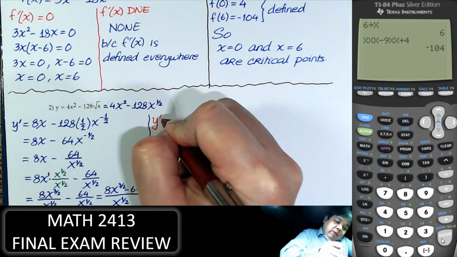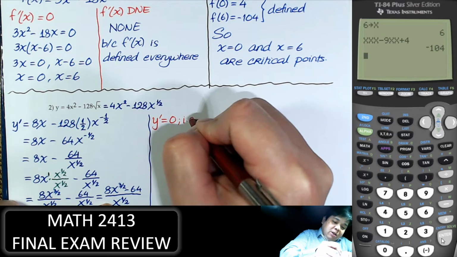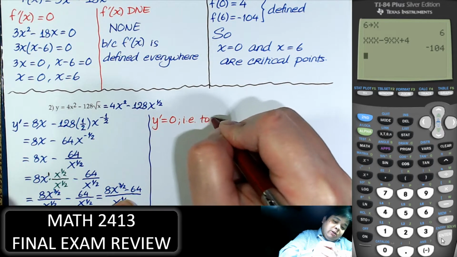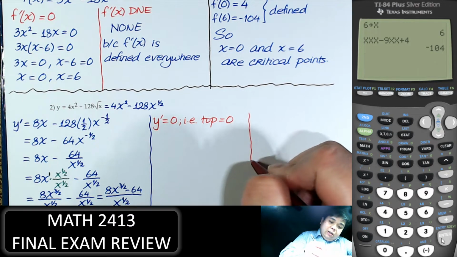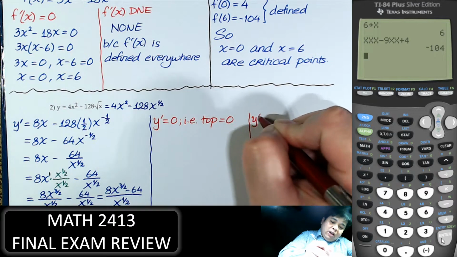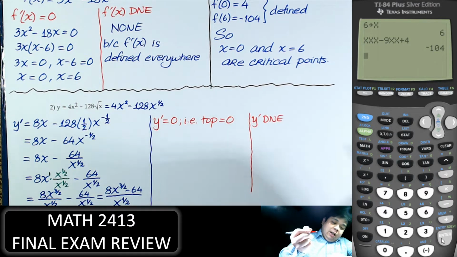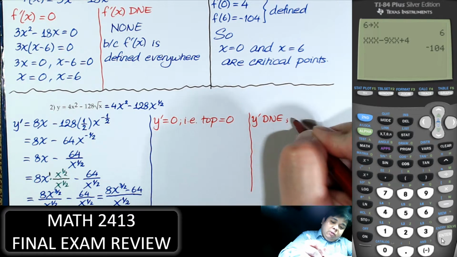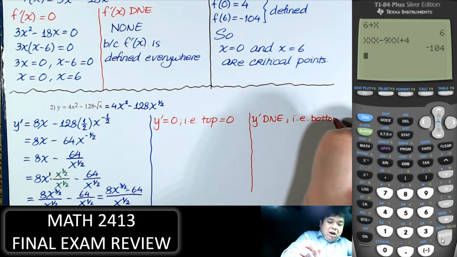So for the derivative equal to 0, for a fraction, that is the same as saying the top equal to 0, and when it does not exist, it's the same thing as saying the bottom equal to 0. Divided by 0 is undefined.